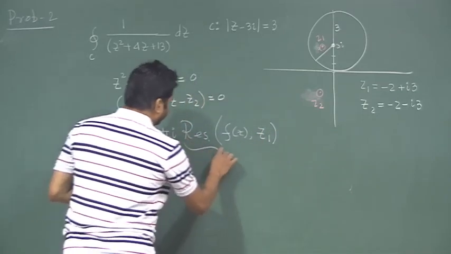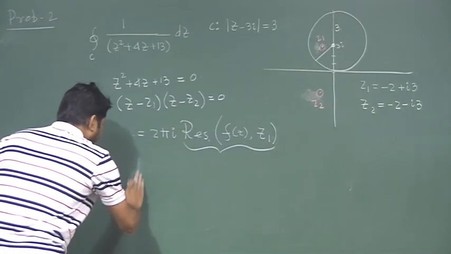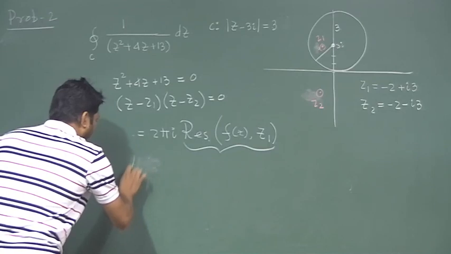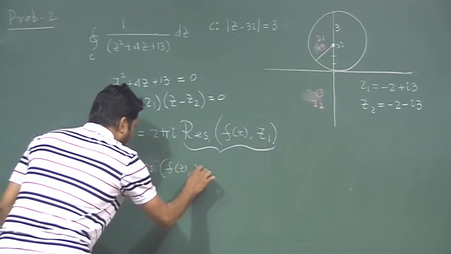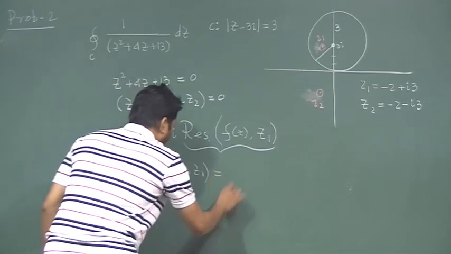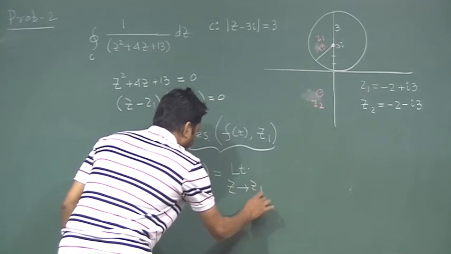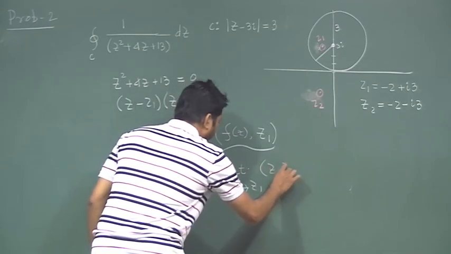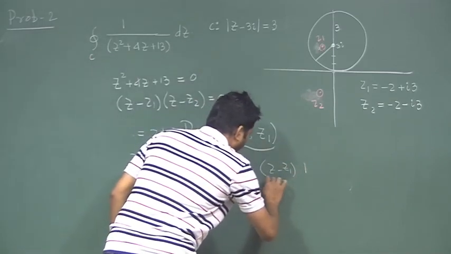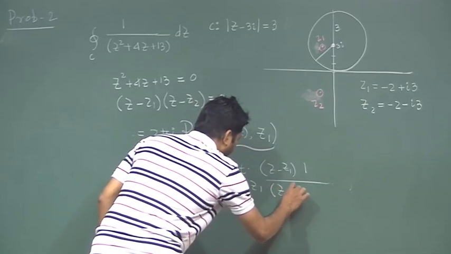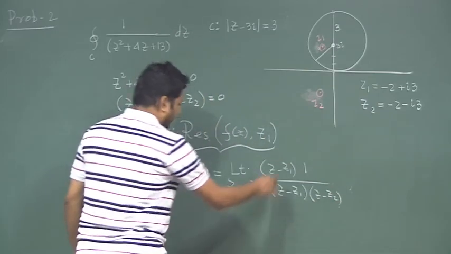So, I need to figure out what this is now. So, the residue at z1 is how much? The residue of f(z) at z1 is the limit as z tends to z1, I multiply z minus z1 with the function, which is this. So, 1 divided by (z minus z1)(z minus z2), this term will cancel out.